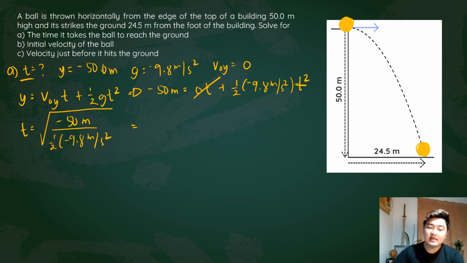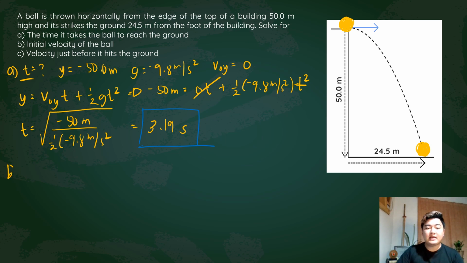That will give you a value for time of 3.19 seconds. Therefore, the time it takes for the ball to reach the ground is 3.19 seconds.